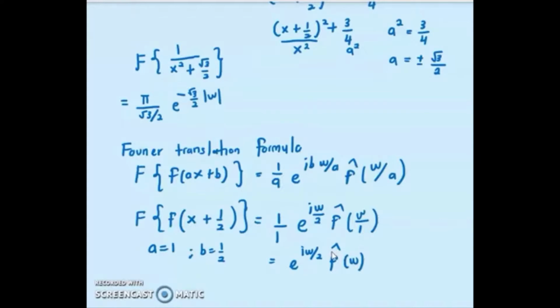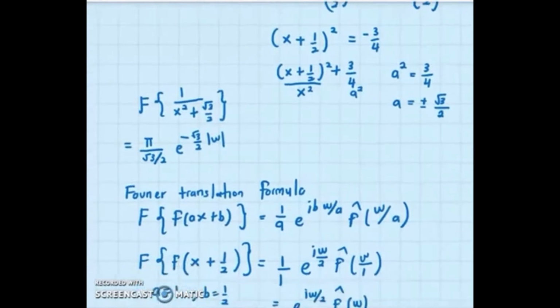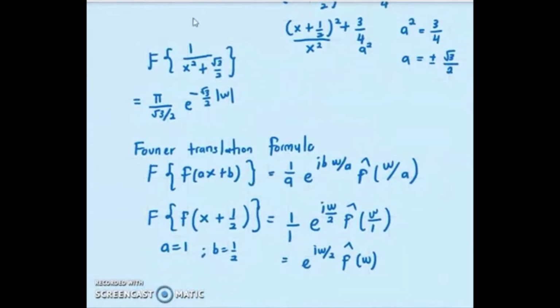Now what is f hat omega? f hat omega is the one we have obtained here. So the Fourier transform of this will give me f hat omega, which is this thing.